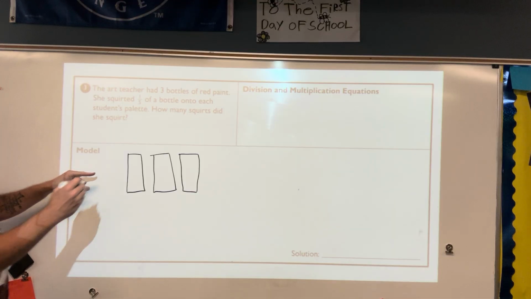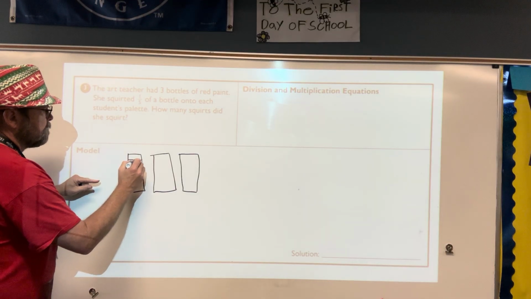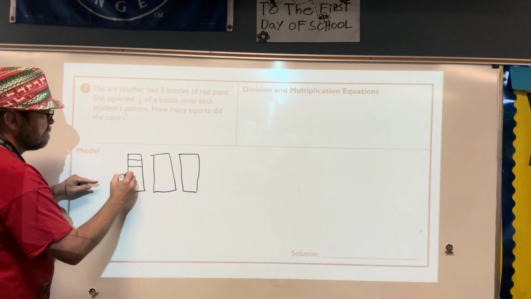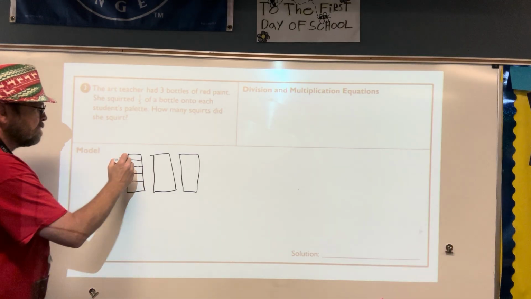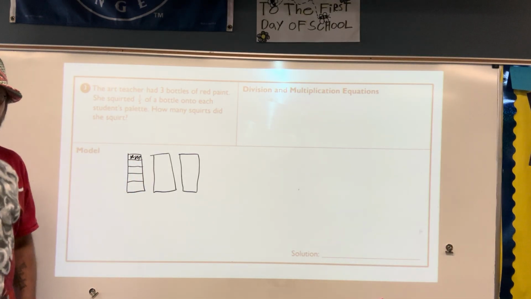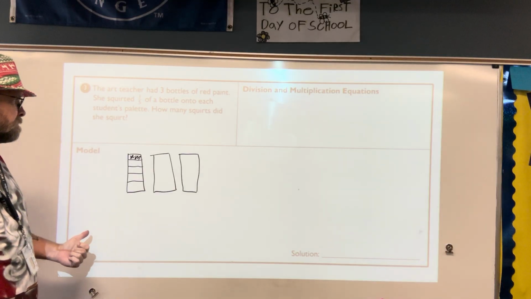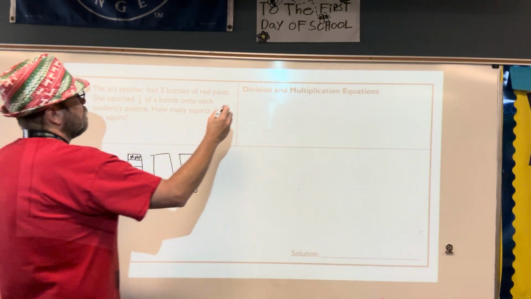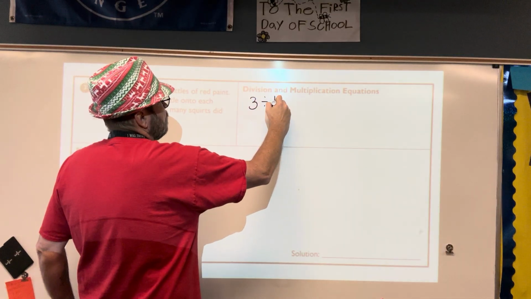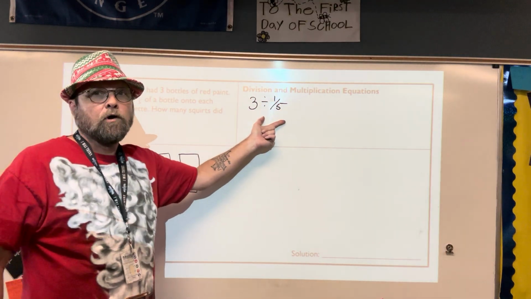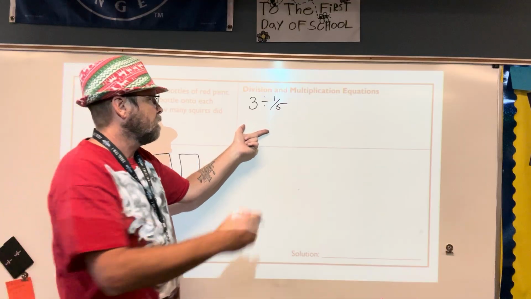And the first student, she gives 1/5 to, 2nd, 3rd, and 4th. So each student gets this much. We're asking how many students. So our division equation is going to be 3 divided by 1/5. How many 1/5 are there in 3?